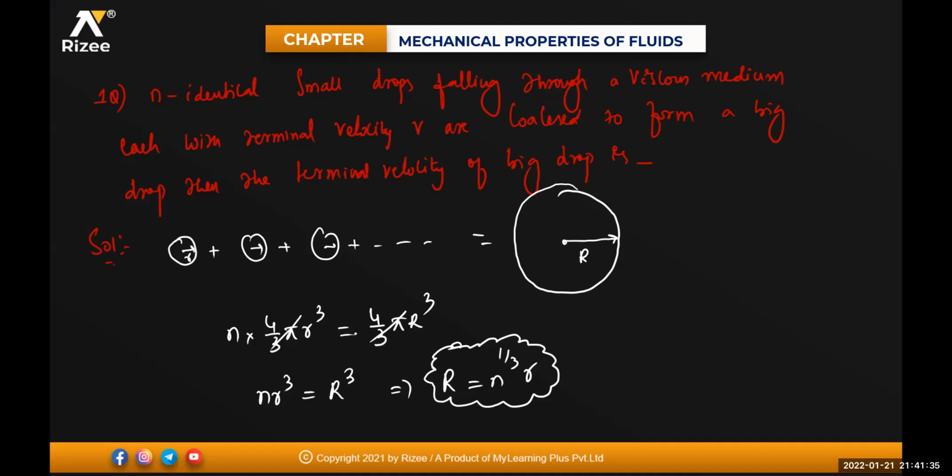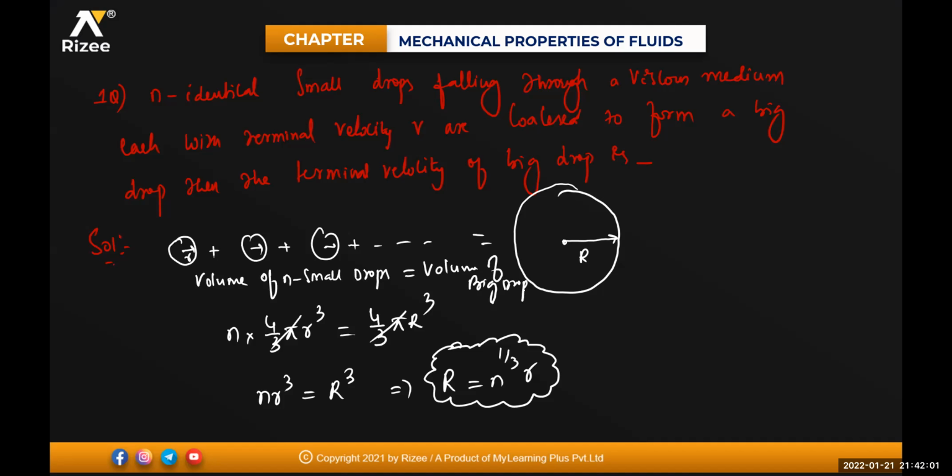That means volume of the 3 liters must be equal to the volume of the individual liters, that is 1 plus 1 plus 1. Isn't it? That is the reason I am equating the volume of your n small droplets to the volume of your bigger droplet. Volume of n small drops must be equal to volume of the big drop.